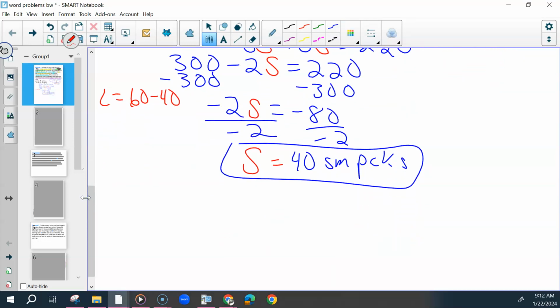So L is 20. And make sure you put your labels. Unless the problem specifically asks for just one thing, you should always have two answers.